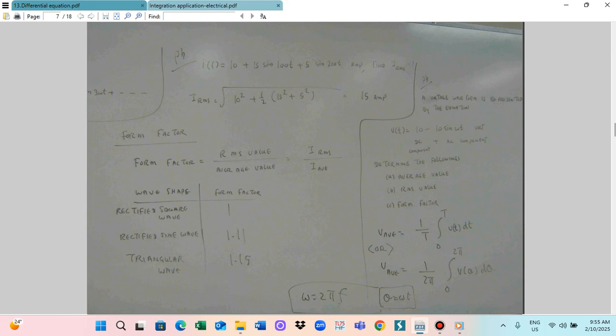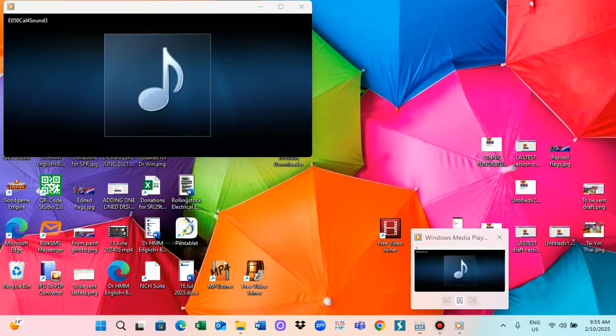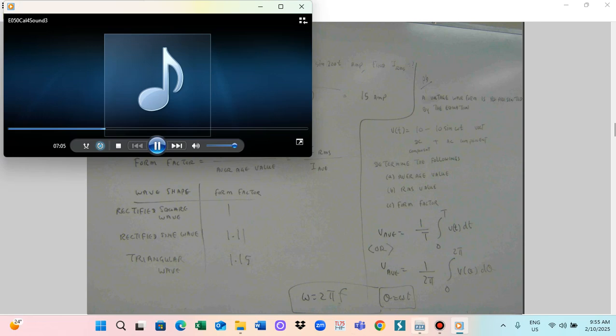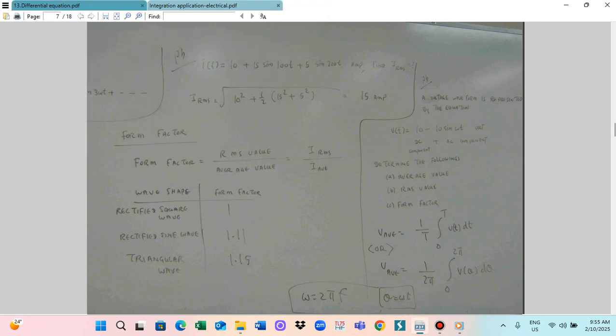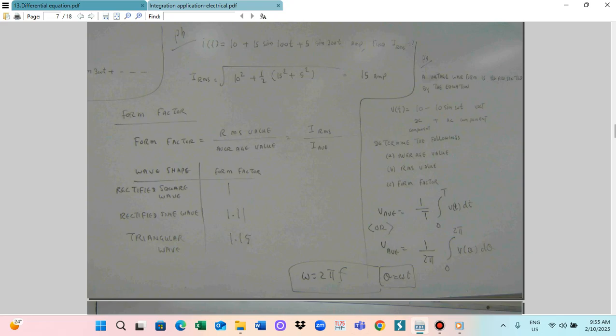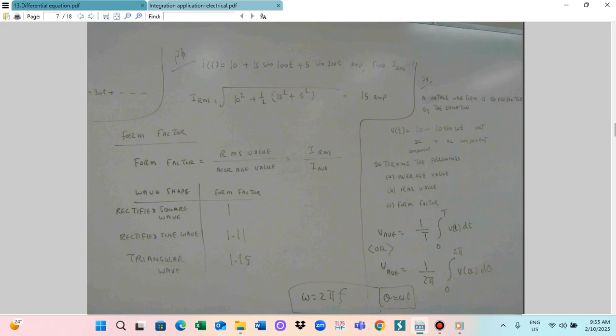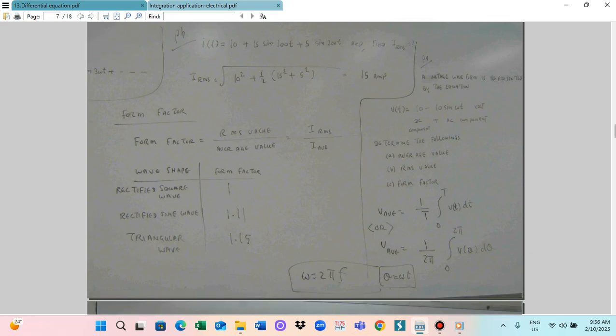Firstly, we have to find the average value. You can use two formulas to calculate the average. If you use time, you can use this formula: average is 1 by T, integration 0 to T, v(t) dt.